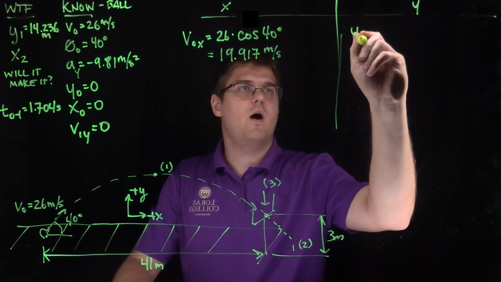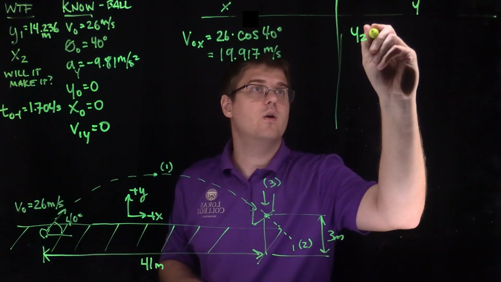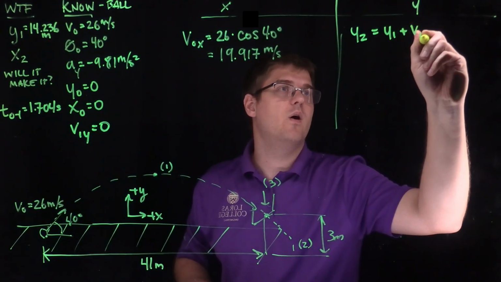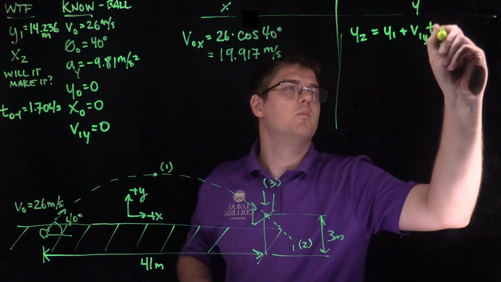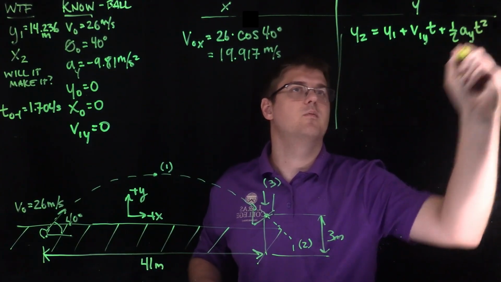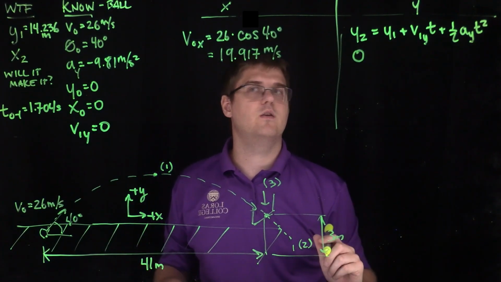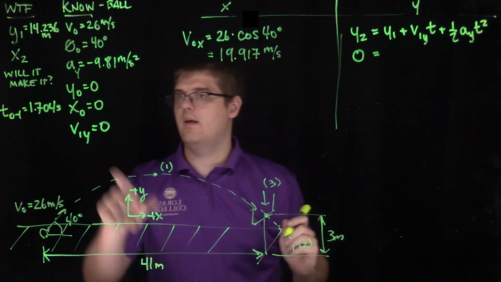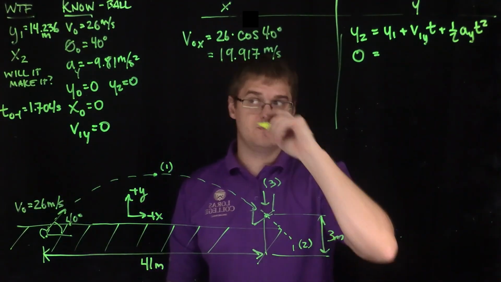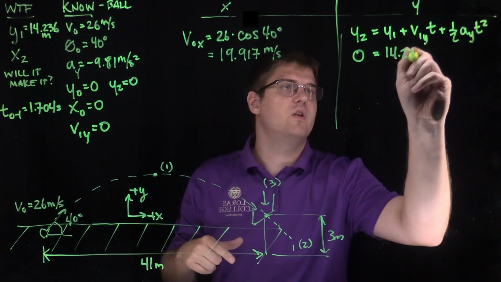So we are going to say that y2 is going to be equal to y at 1 plus velocity at 1 in the y times the time plus 1/2 times the acceleration in the y times time squared. y2, I know that I'm talking about when it's hitting the ground, so y2 is 0. y1, something I probably should have had over here, keeping track of all my variables, is 14.236 meters.